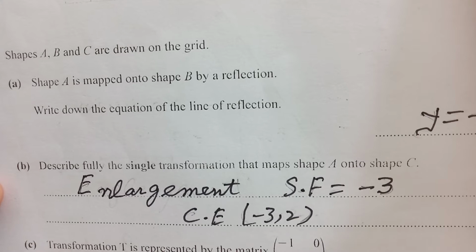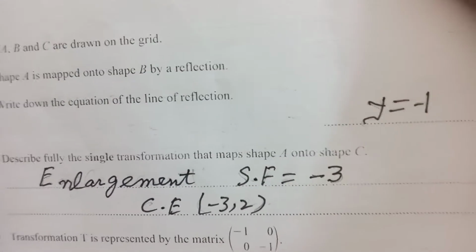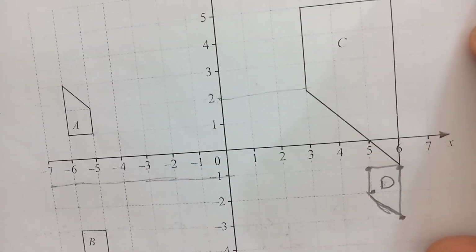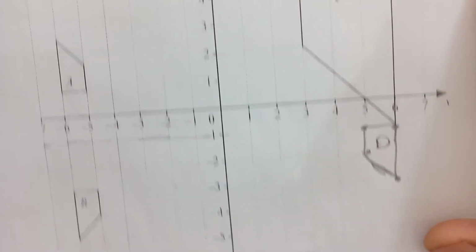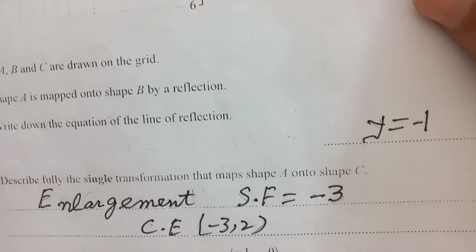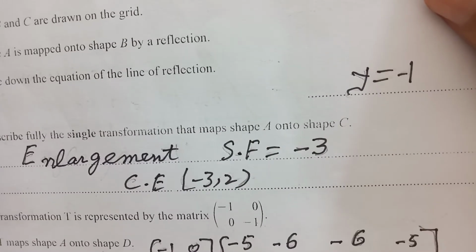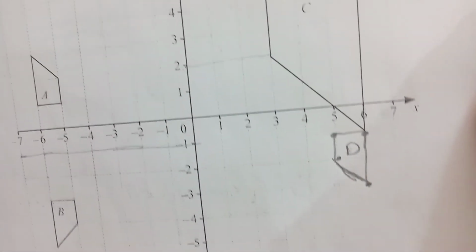Describe fully the single transformation that maps triangle shape A onto shape C. So this is the enlargement, because the image is opposite to the object, so this will be a negative enlargement. Scale factor is -3, and center of enlargement is (-3, 2). How will we come to know?